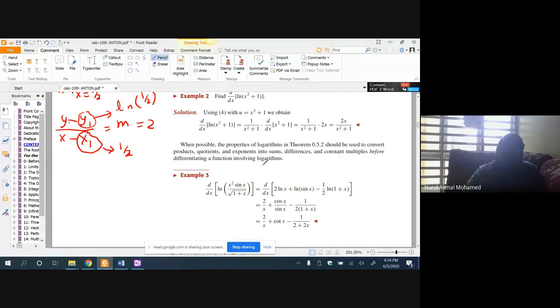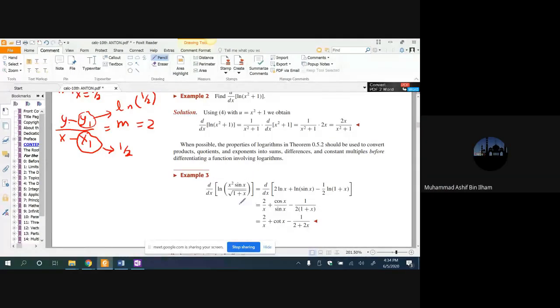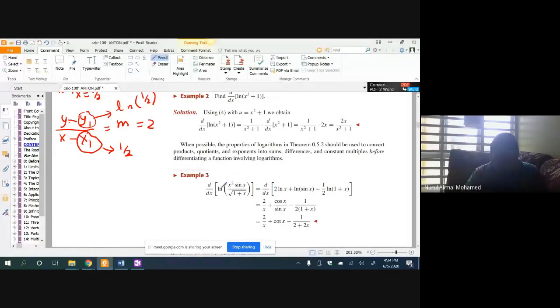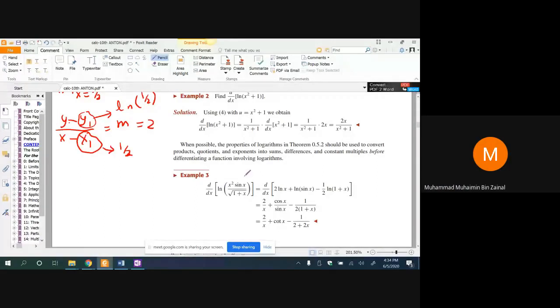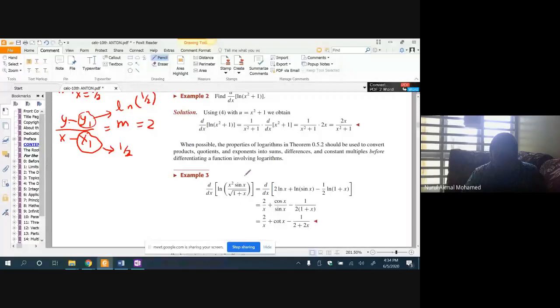For this question, instead of using the quotient rule or product rule, we actually use the properties of the logarithmic function. What are the properties of the logarithmic function?